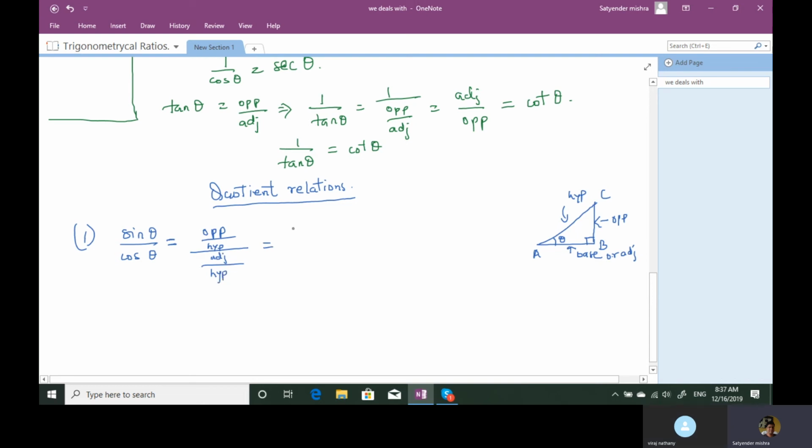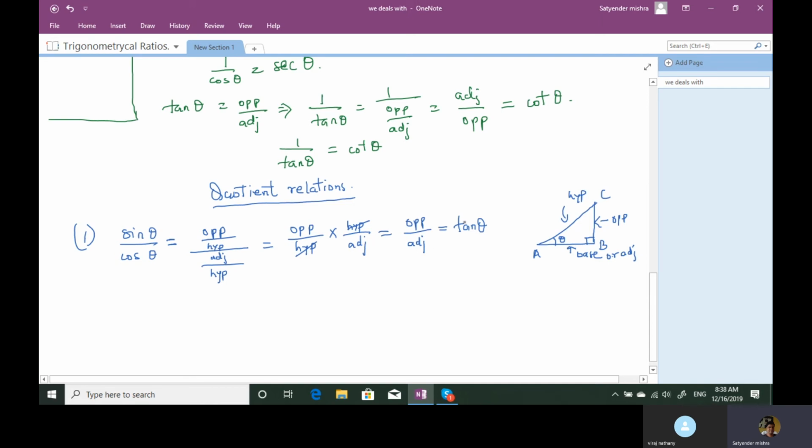So now if you simplify this, it will become opposite by hypotenuse multiplied by hypotenuse by adjacent, right? You can see that hypotenuse and hypotenuse have got cancelled. So we are left with opposite by adjacent, which is actually tan theta, TOA, right?